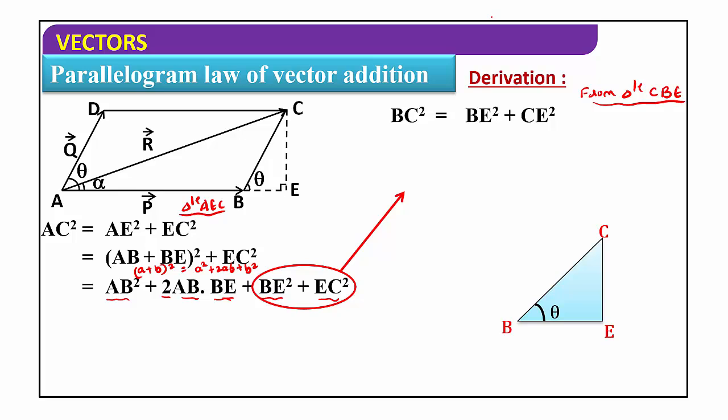From the triangle CBE, we can use the Pythagoras theorem. So we can write BC square is equal to BE square plus CE square.